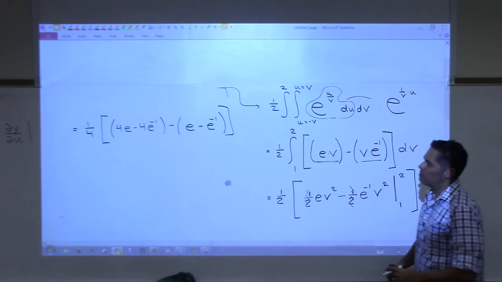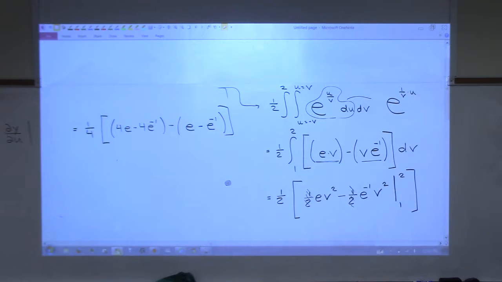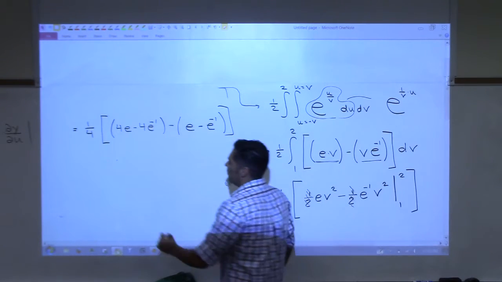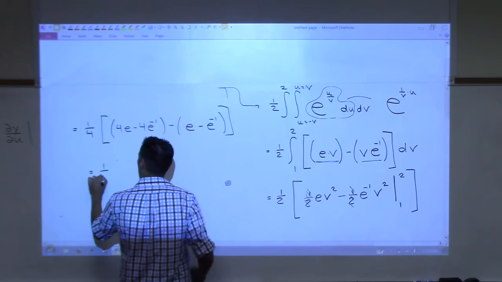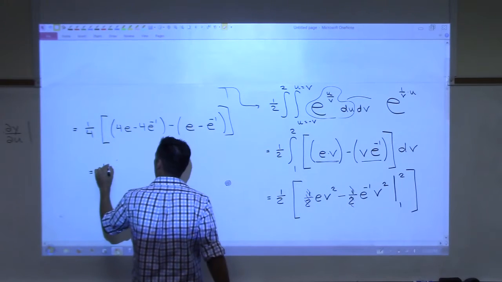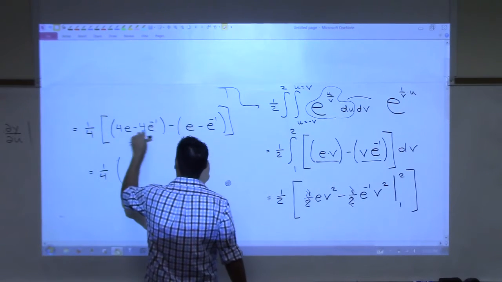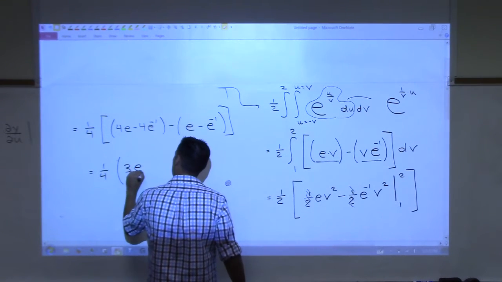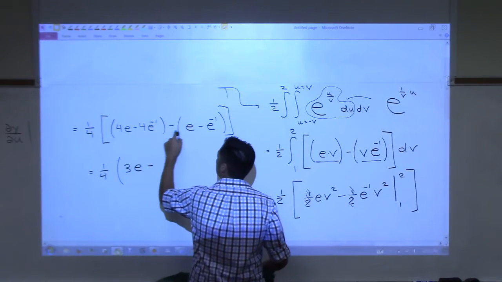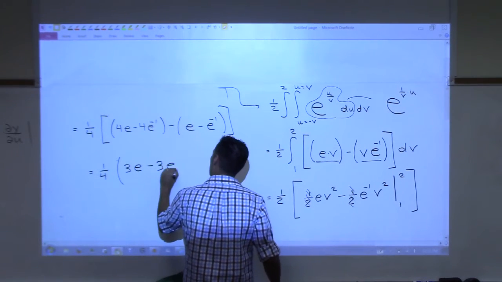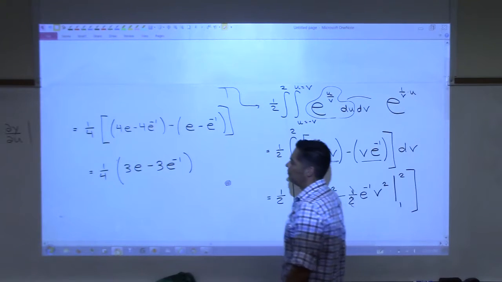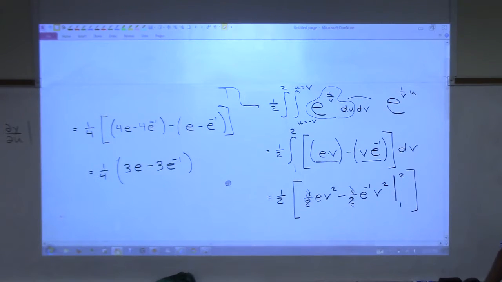And those are like terms, aren't they? I can combine those. So I've got 1/4 out front, and then 4e take away e is 3e, minus 3e to the negative 1. What did my computer say?